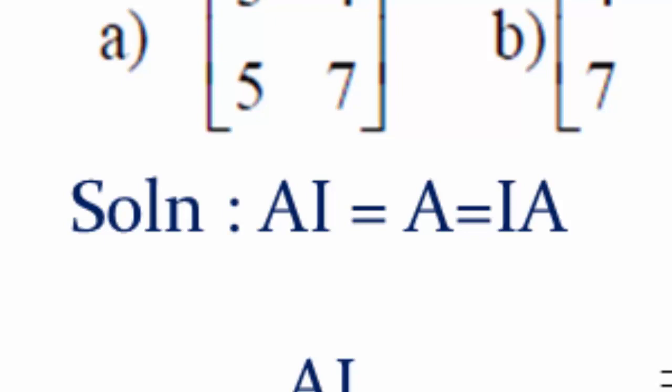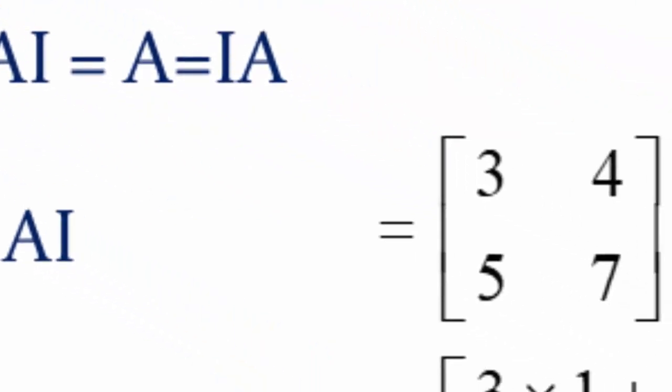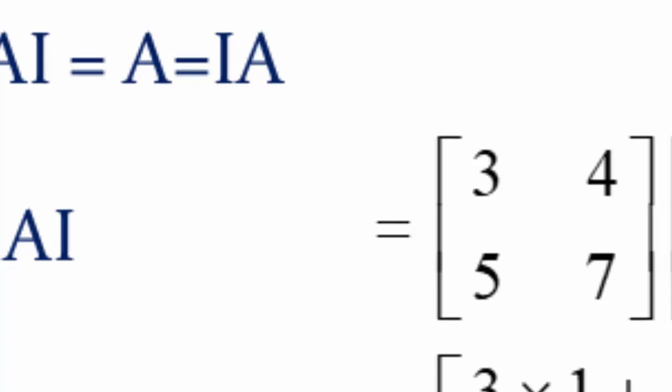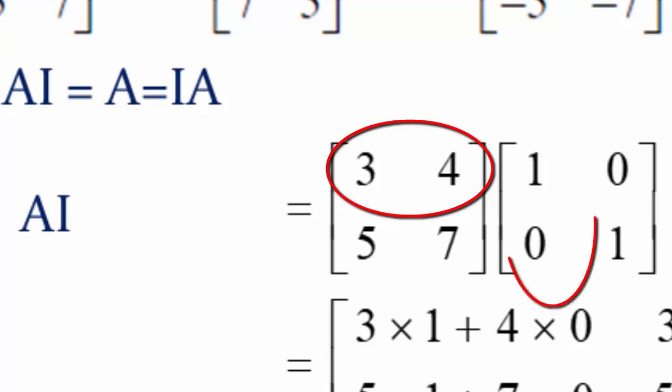So, A into I is equal to A, which is equal to I into A. So, A into I is the elements of matrix A, that is 3, 4, 5, 7, into the elements of the identity matrix, that is 1, 0, 0, 1. Here we multiply the two matrices using the same rules of multiplication. It is the product of the corresponding elements of the first row of the first matrix into the first column of the second matrix.